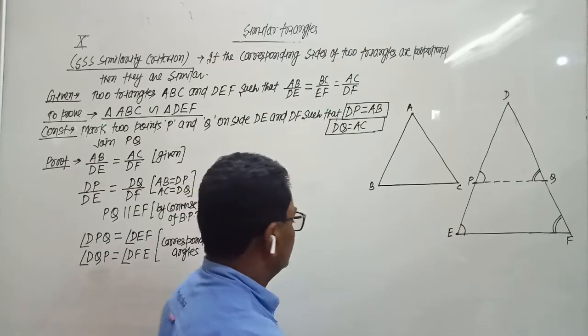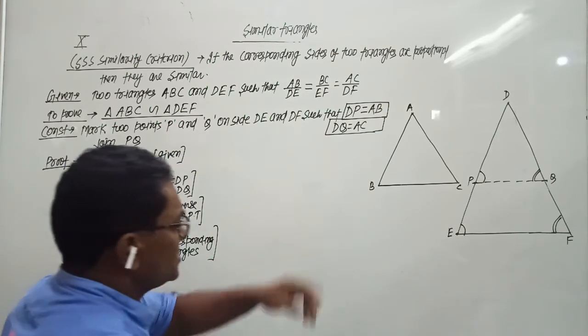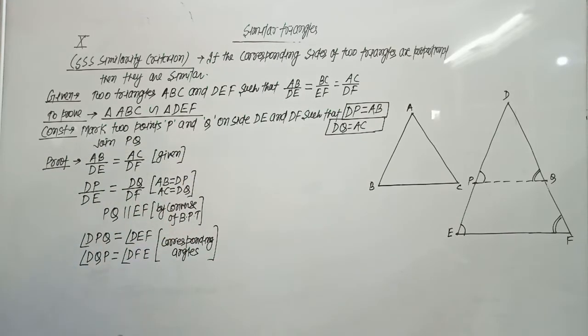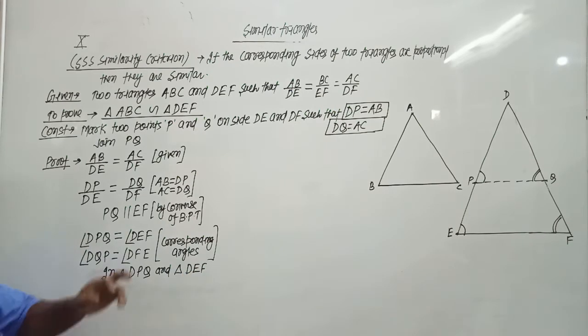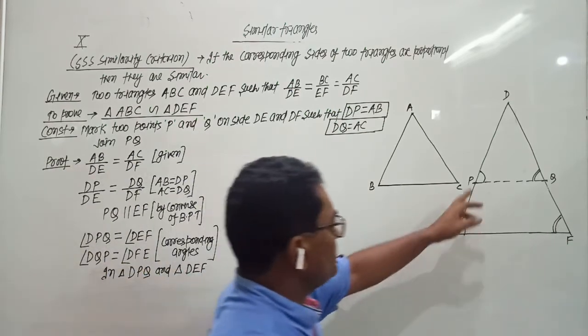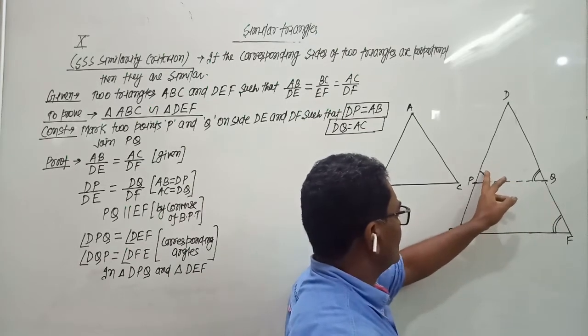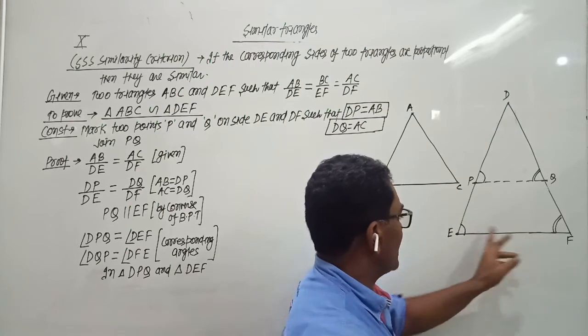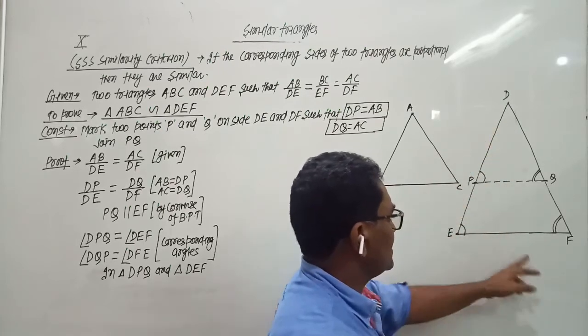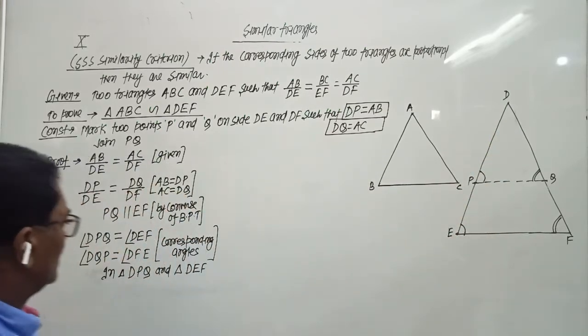Now in triangle DPQ and triangle DEF, angle P means angle DPQ, and in triangle DEF, angle E means angle DEF; they are equal.